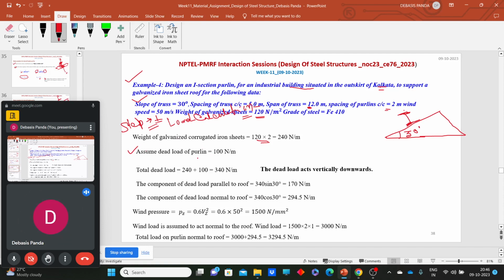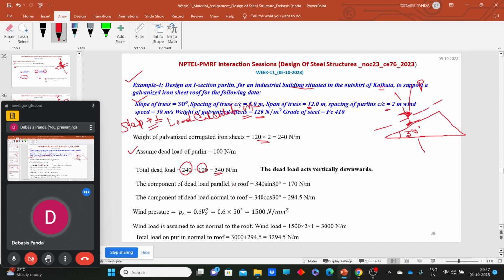So what will be the total dead load? Dead load of the galvanized iron sheet plus dead load of the purlin, that is 340 Newton. So this is acting vertically downward. This is nothing but your P value.